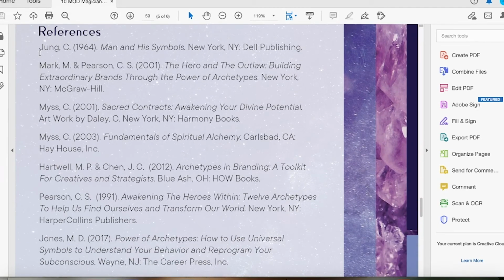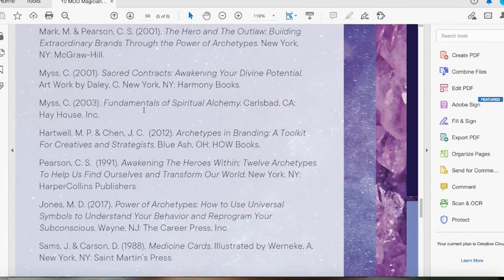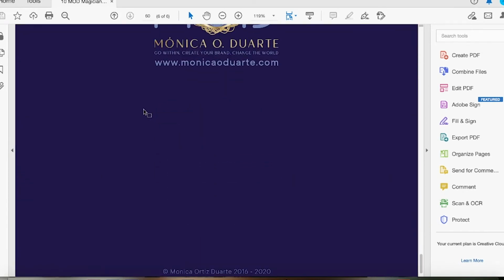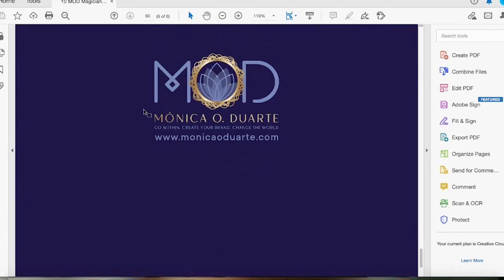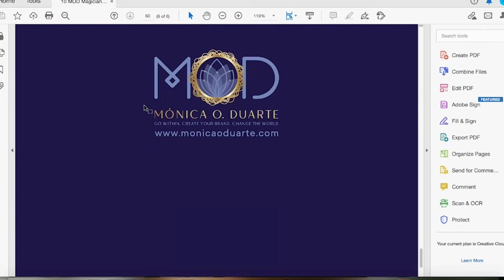So these are some of the authors that I learned this information from. I'm giving them credit. And so if you feel inspired to read their books and information, I highly recommend that. So that is the profile. And next, if you're interested in learning about the other archetypes, I'm going to show you where to go on my website to find that information.